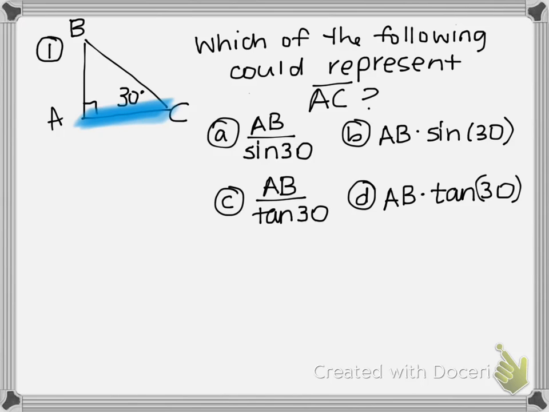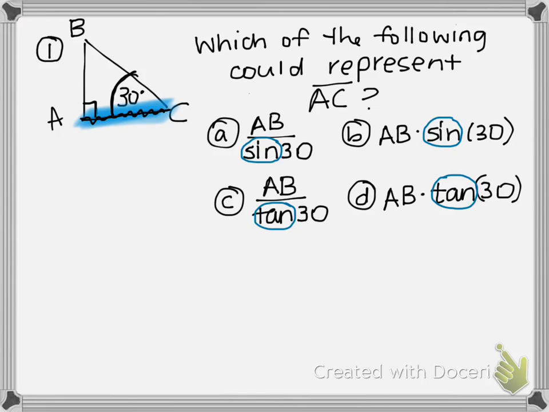Alright, so let's look at this one. So we are looking at our triangle right here, and we're trying to find what will give us this side of AC, this side right here. Alright, so let's look from this angle. What are the 2 trig functions that they give us? Well, they give us a sine function in 2 of them, and then they give us a tan function in 2 of them.